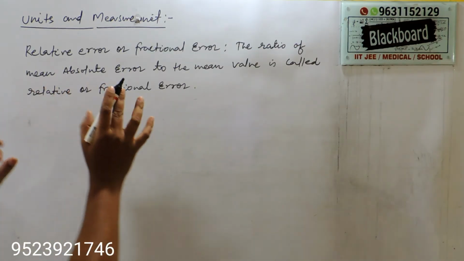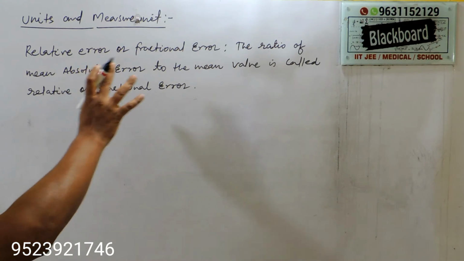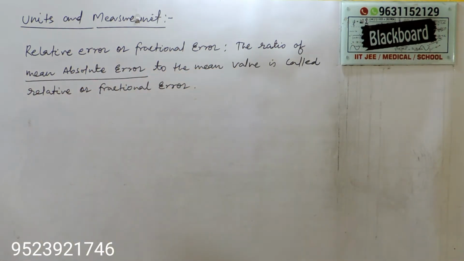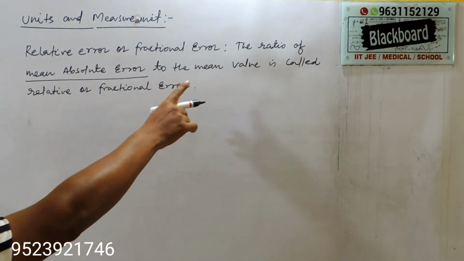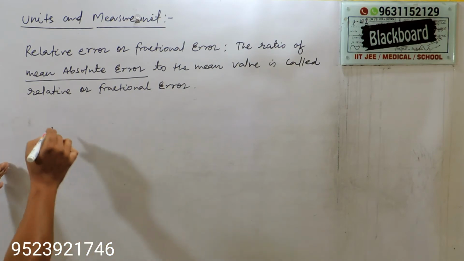Here, what is relative or fractional error? The ratio of mean absolute error to the mean value is called relative or fractional error.